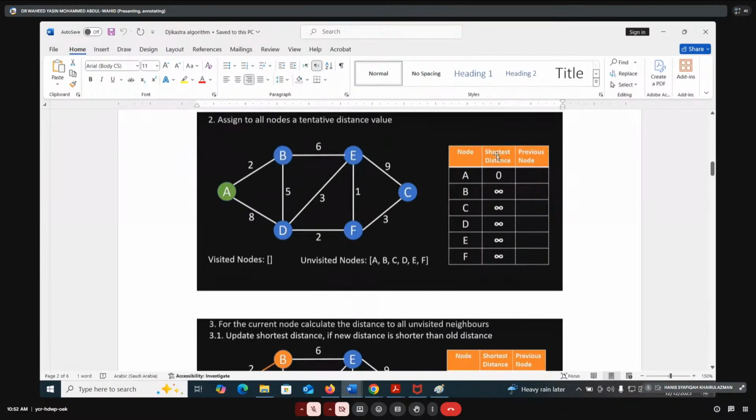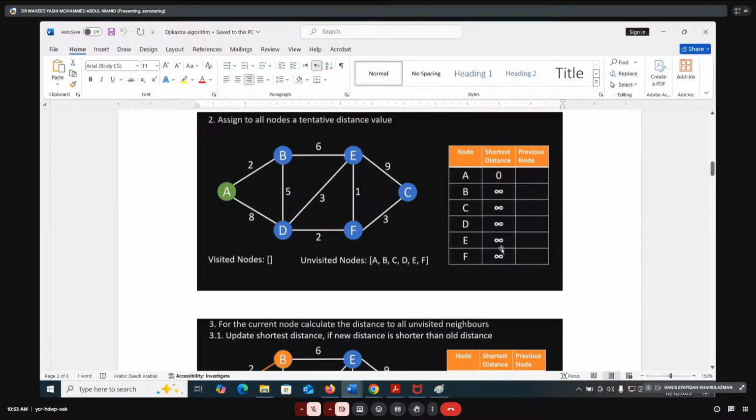Because I start with A, A with A is 0. So the previous node is A. I'll make all the other nodes infinity.